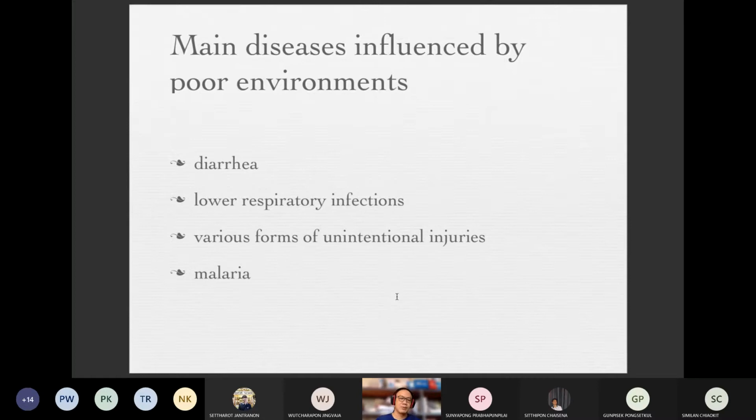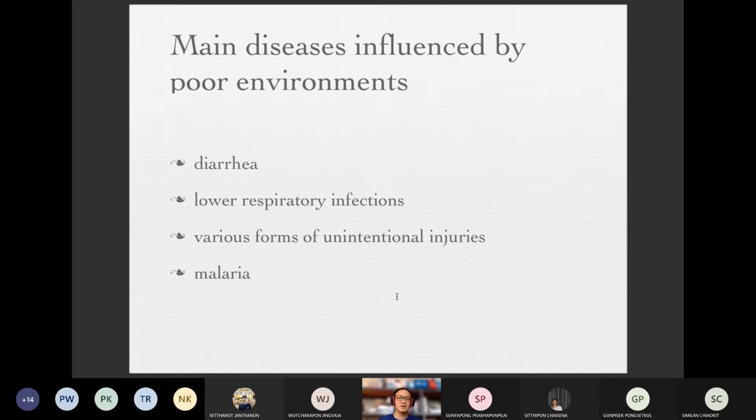Then there are various forms of unintentional injury. Take for example, the visibility is not clear due to particulate matter covering the area. The major cause of particulate matter spreading over the areas may be open burning, and that finally causes accidents.